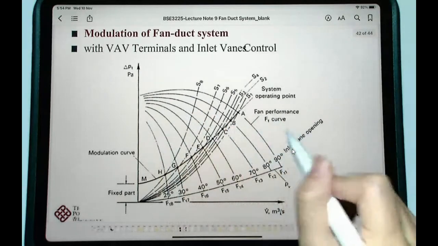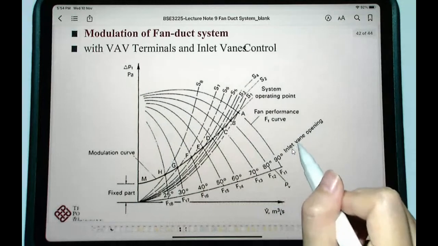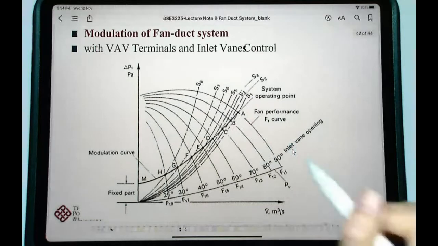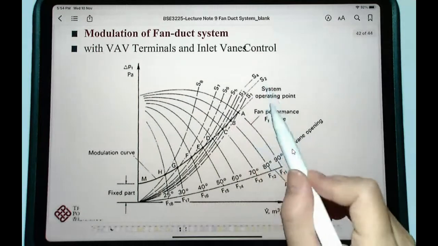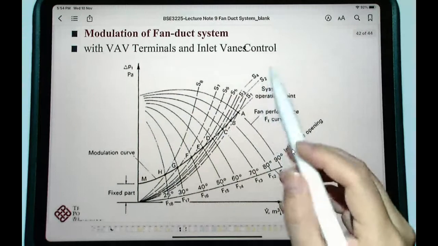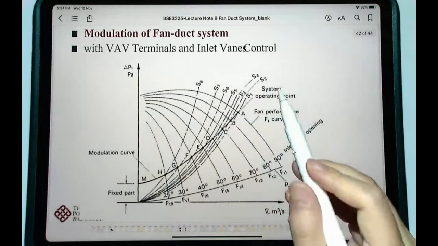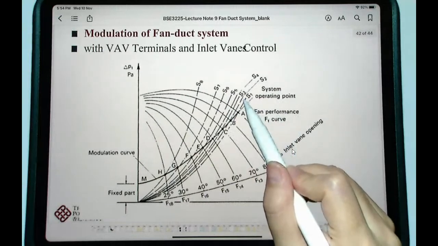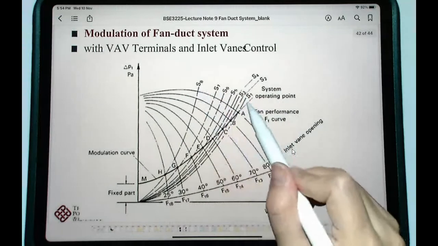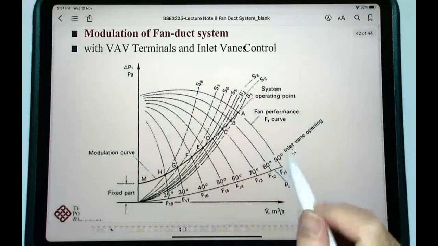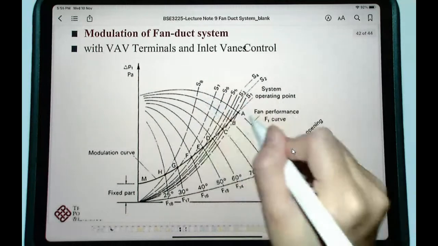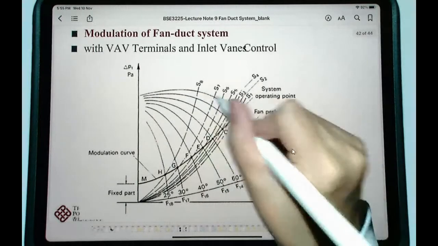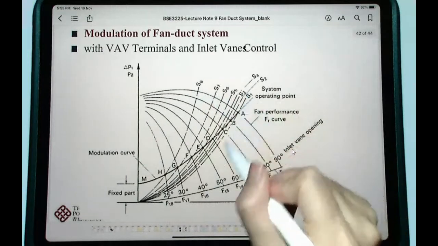The inlet vane corresponds to the fan inlet vane, and the fan performance curve and the system curve will change from S1 until S8 at the corresponding inlet vane opening. So the inlet vane will affect both the fan performance curve and the system curve.